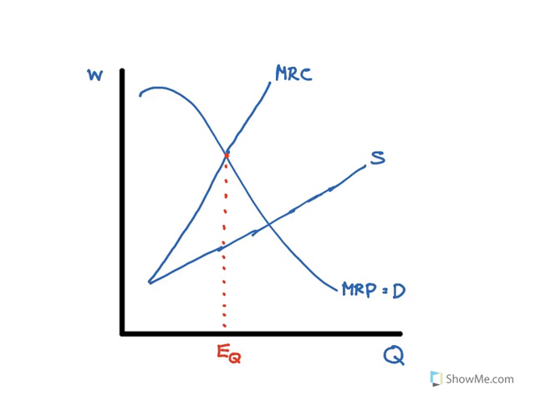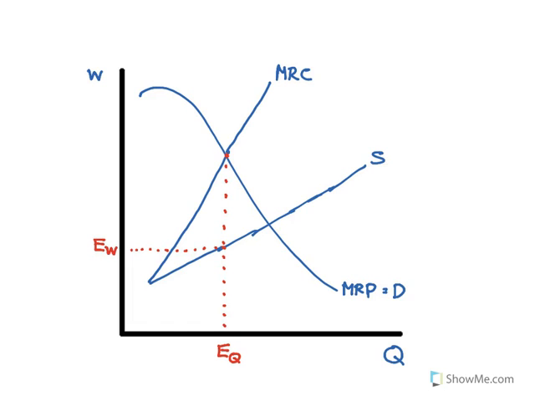So you have to go down to the supply curve to get the wage rate. And so we're actually going to go from here over to get our wage, and we'll call that EW for the equilibrium wage because the firm is the market. So remember, go down to the supply curve to get your wage, just like you went up to the demand curve in a monopoly to get your product price.